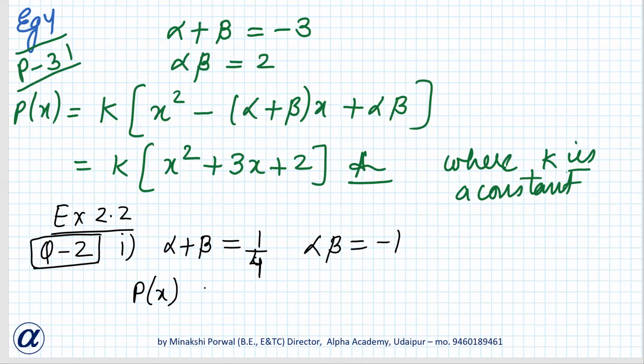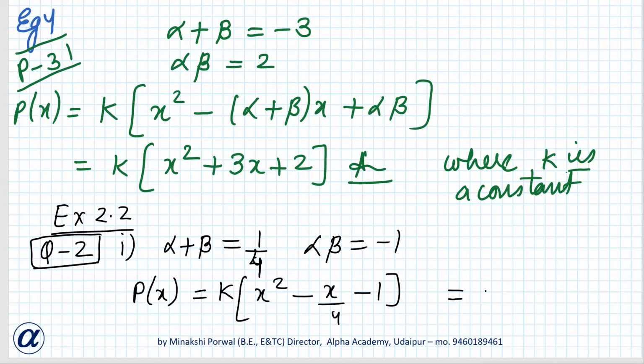Ma'am, k upon 4, bracket 4x square minus x minus 4, where k is a constant. Okay, you are saying k into x square minus x by 4 minus 1, so this is the answer.